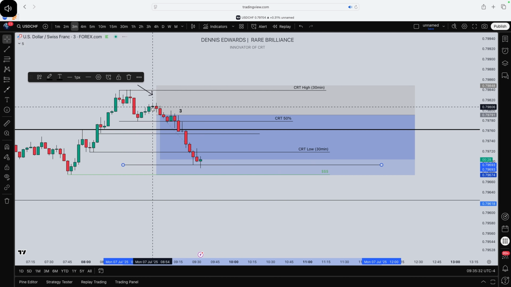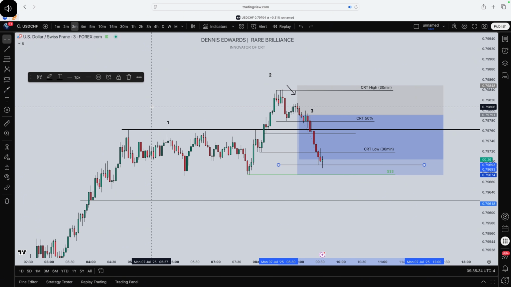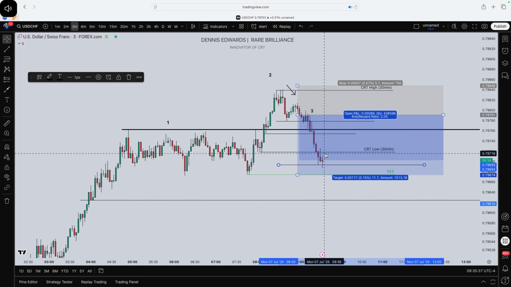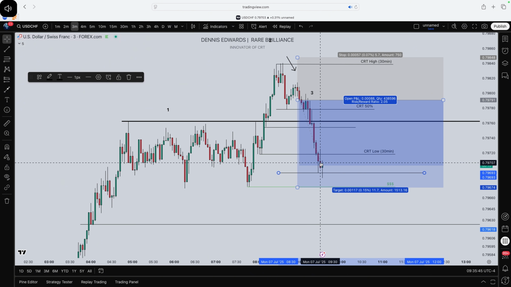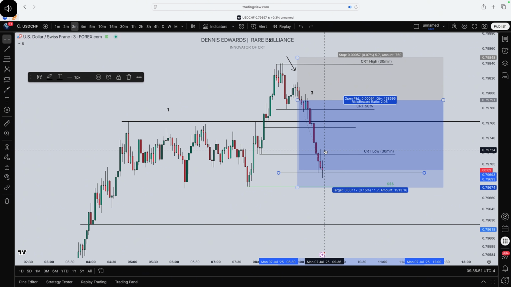So in my opinion, what will determine this is whether or not price comes back above our CRT low or not, right? If it doesn't, if price does not close back above here, then that's not a confirmed CRT. If it does, then that's a confirmed CRT, and then I should probably exit my trade.